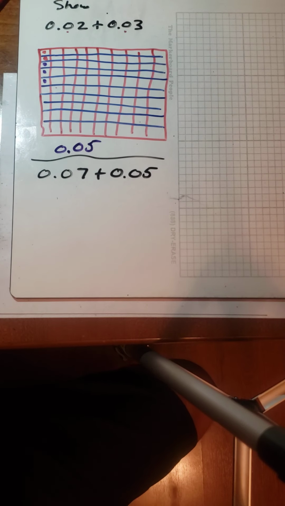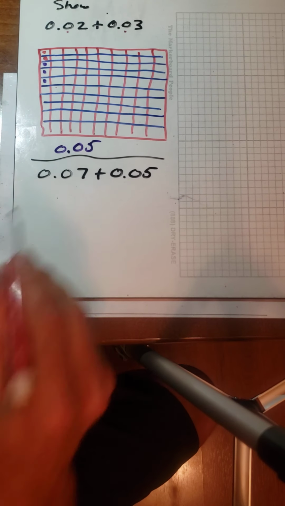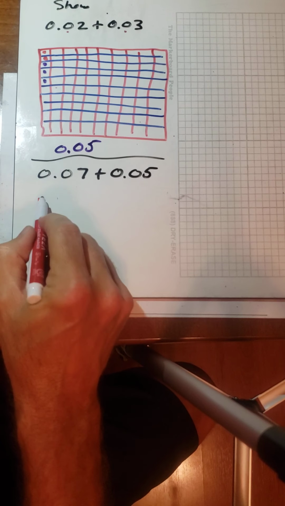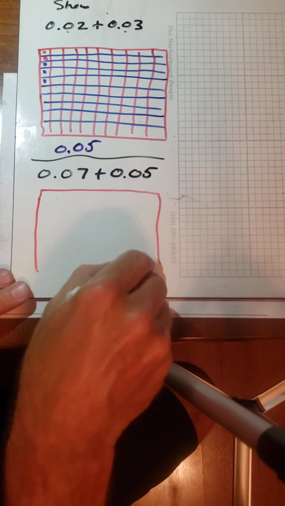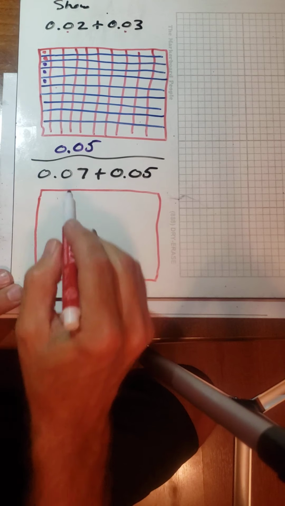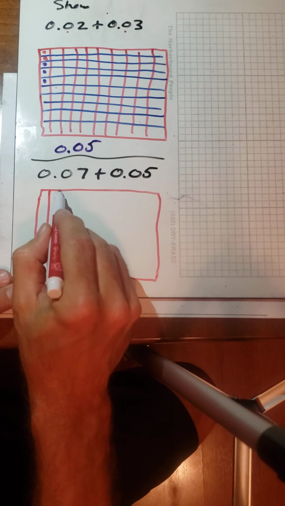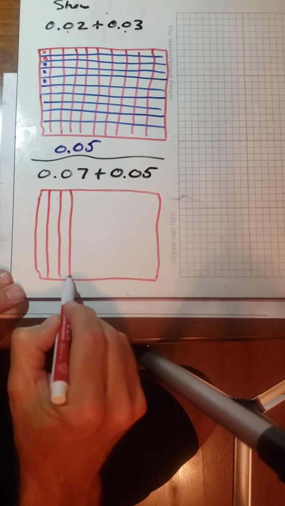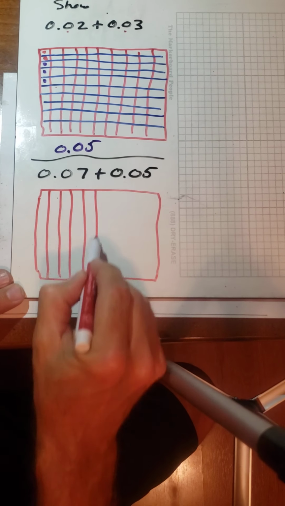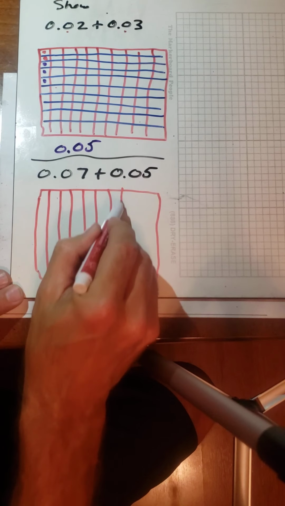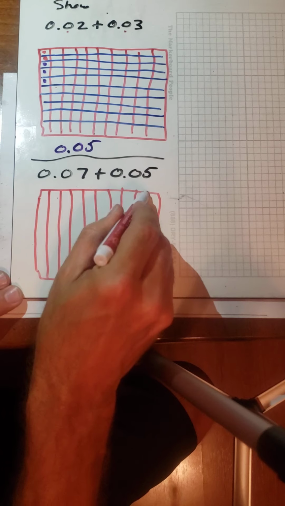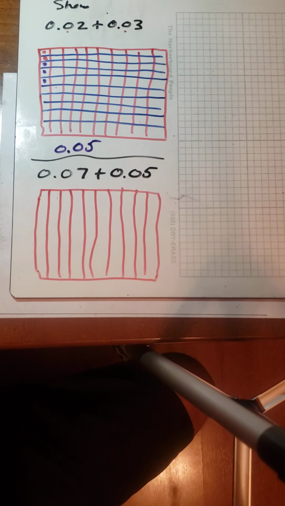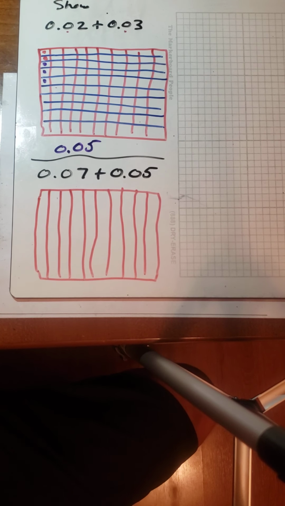All right, so there we go. The very first thing I'm going to do is draw my 1. If I had a full unit, if it was 1.0, then this whole thing would be colored in. But it's not. So I've got 1, 2, 3, 4, 5, 6, 7, 8, 9, and 10, and then I don't have any of those.